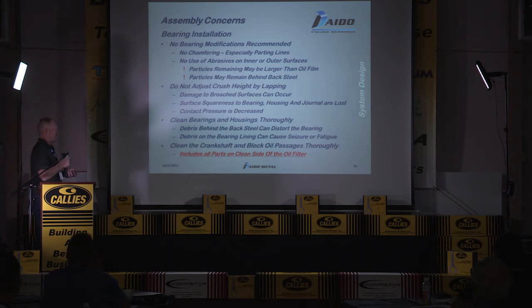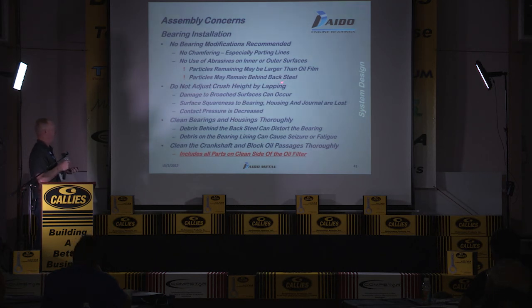Some of the assembly concerns that we've run into with aftermarket engines: no bearing modifications should be made. The chamfering near the parting lines increases your oil leakage at the main bearings. The abrasives on the inner and outer surfaces can damage or embed material into the overlays.